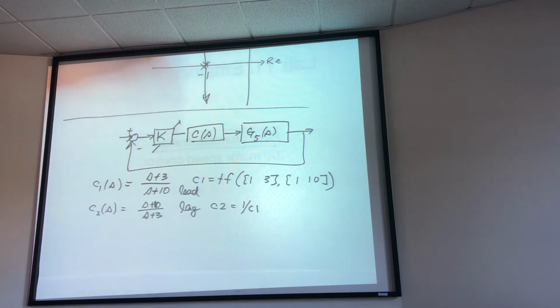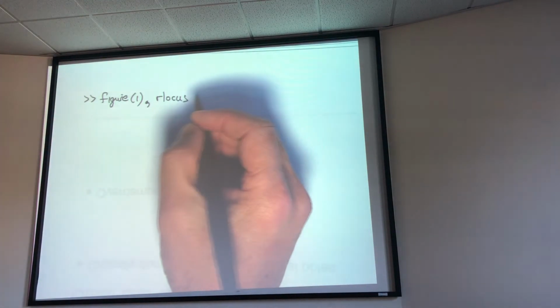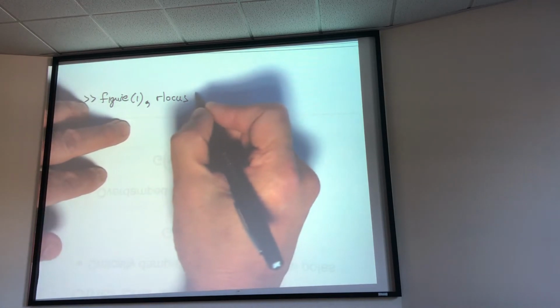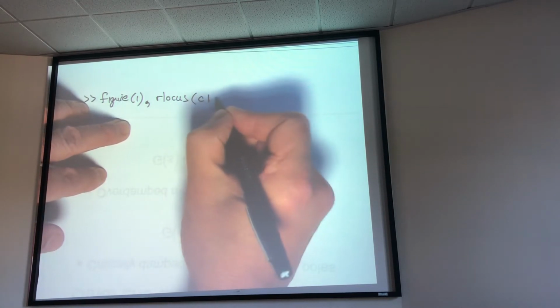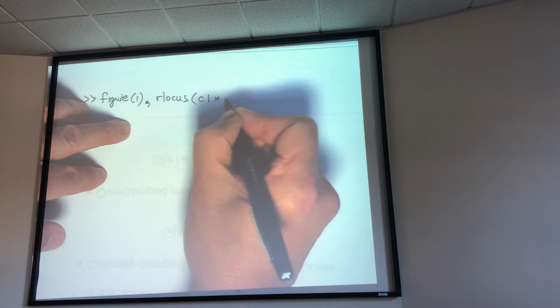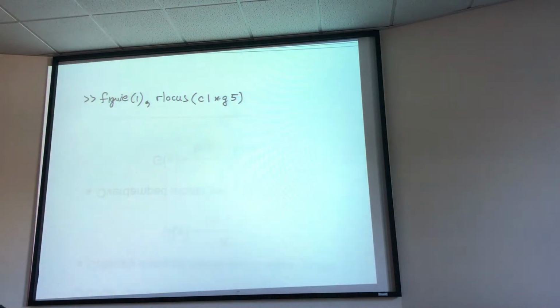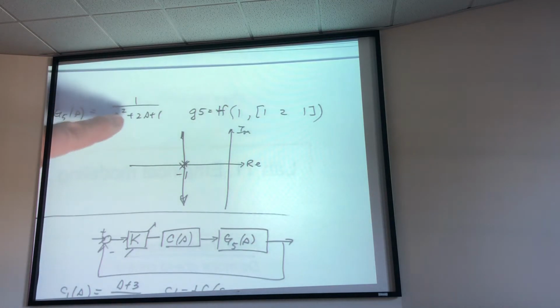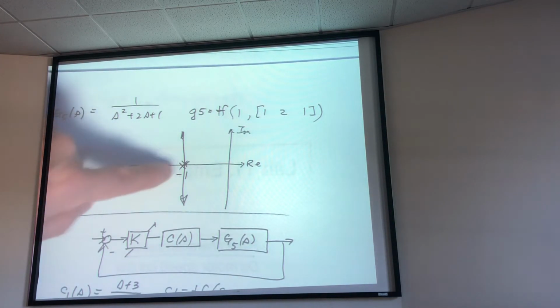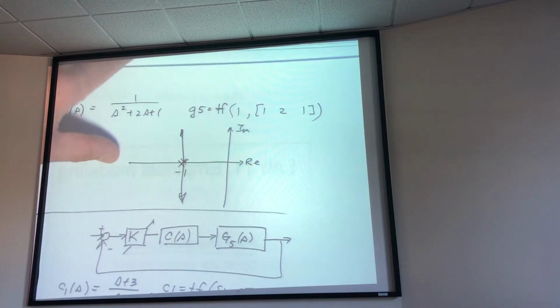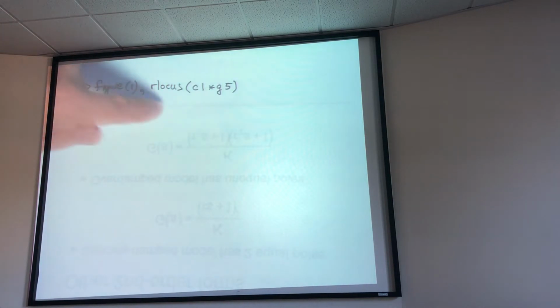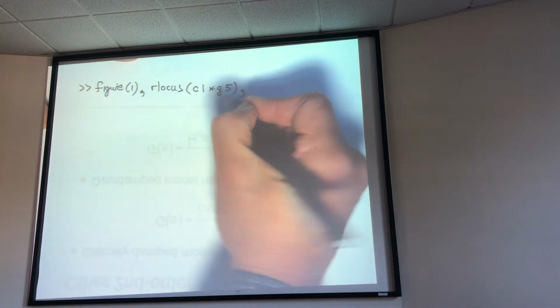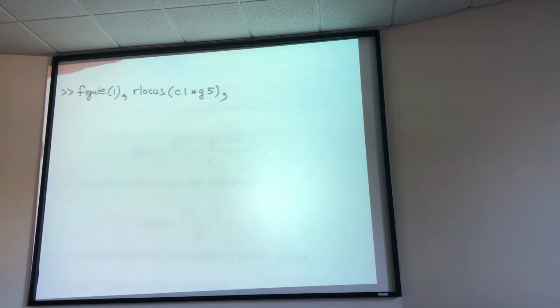Okay, so we have to do root locus. We need to feed it C and G. We've got two C's we want to try out. Let's do this one. C1 times G5. The model was G5, okay? G5 was this model. So we're going to do that, and then we're going to continue on, but let's open up a second figure window.